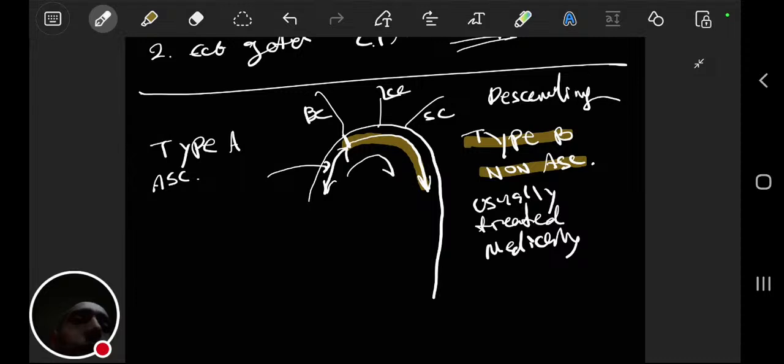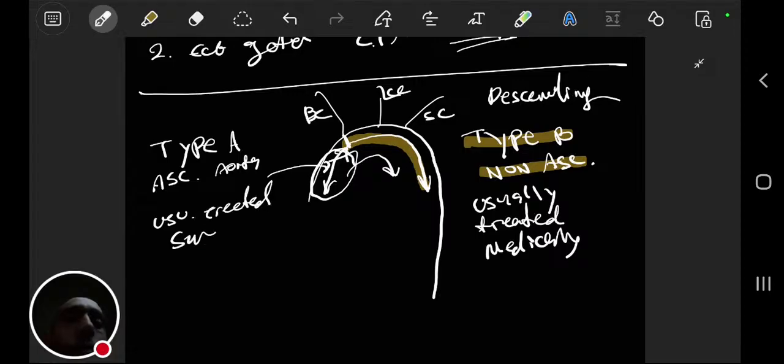It can also involve the arch of the aorta and descending aorta, but it must start proximal to the brachiocephalic to be called Stanford A. Stanford B starts at the brachiocephalic or distally. This is the difference. Ascending aorta involvement is usually treated surgically.